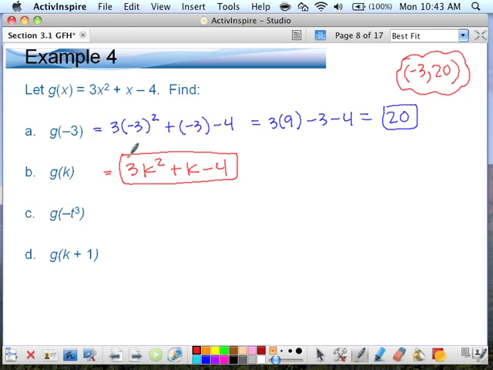Now this one's a little trickier, part C, where we're substituting negative t cubed in the place of your x's. So we know that we're going to have 3 times, and instead of x, I'm going to put negative t cubed squared plus, instead of x, negative t cubed minus 4. Now I want you guys to take a second and try to get rid of those parentheses and see what happens when you do.